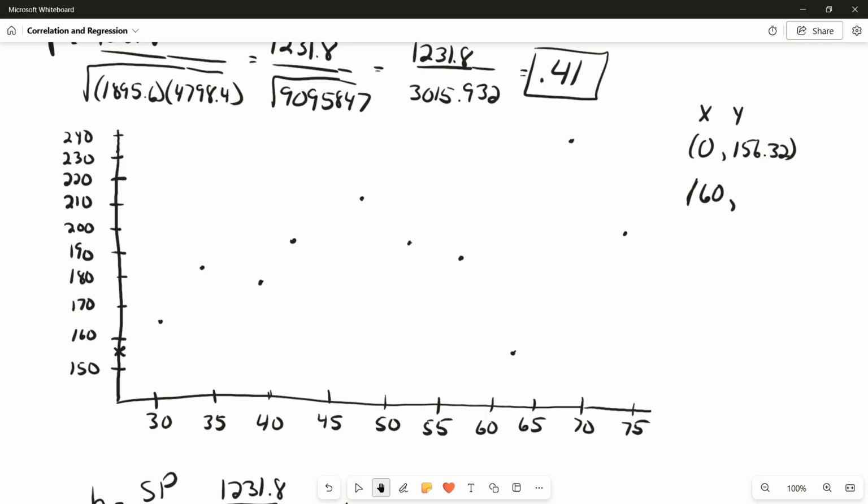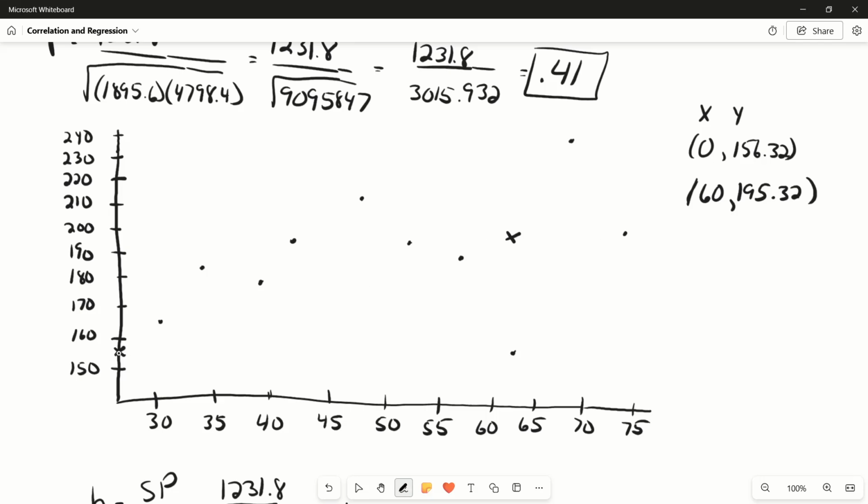It's 0.65 times 60, which gives us 39, plus 156.32, and that gives us 195.32. So all I did was plug in 60 for X. And Y is 195.32, so it's very close to 200, between 190 and 200. So something like right here.